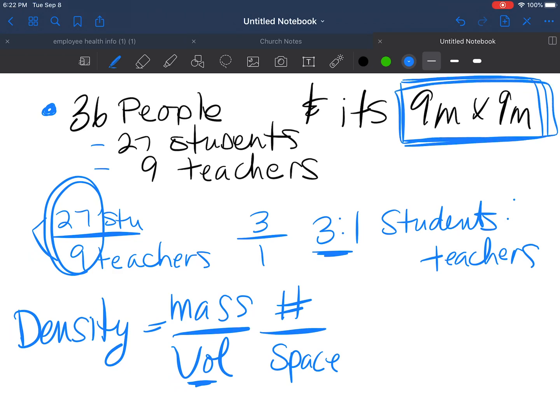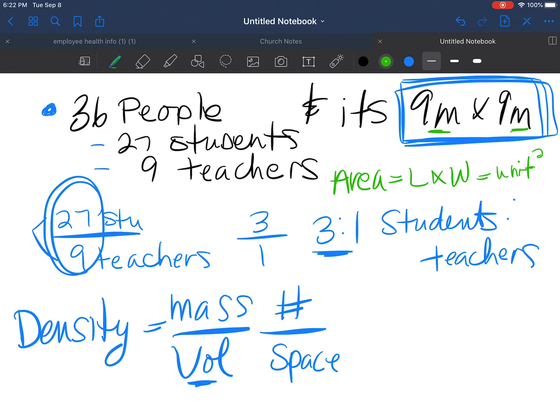Okay, so we have measurements for the cafeteria, and it's 9 meters by 9 meters. And if you remember correctly, the area equals length times width. And it gives you a unit squared measurement. Okay, so since we have meters, your answer is going to be meters squared.